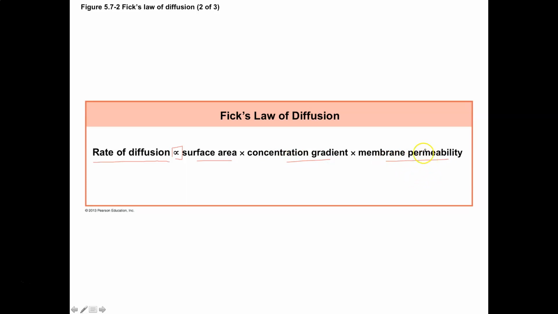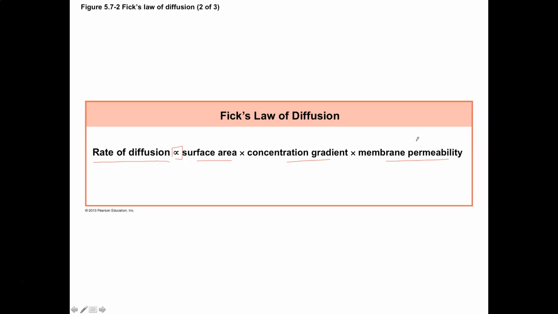And that membrane permeability takes into consideration, is this molecule lipid soluble? It also has to take into consideration at times whether we have protein channels or protein carriers that are making the molecule or ion permeable as well. So there are these different things to consider.